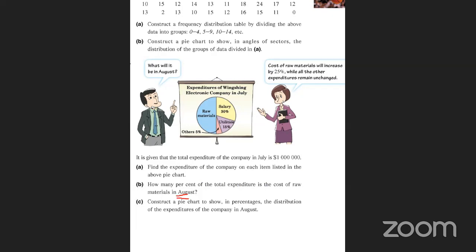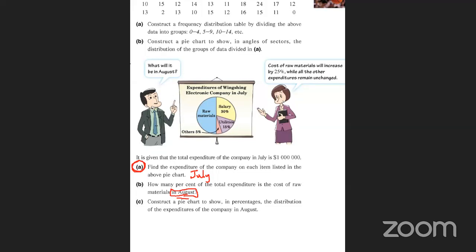For this one, what you have found here are the expenditure in July. And then this one is talking about August. It's different.